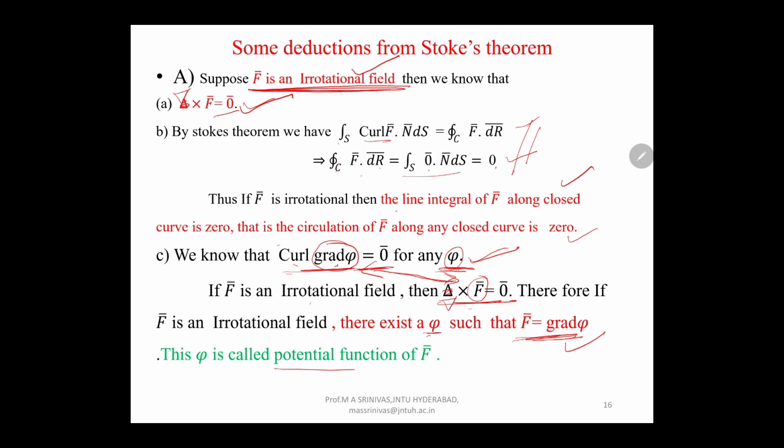Either by finding curl f bar and showing that it is a null vector, or find the line integral along a closed curve and show that it is 0, or else observe whether there is any scalar function phi such that f bar is given to you and you can show that it is equal to grad phi. Then this f bar automatically becomes irrotational. This phi is called the potential function.